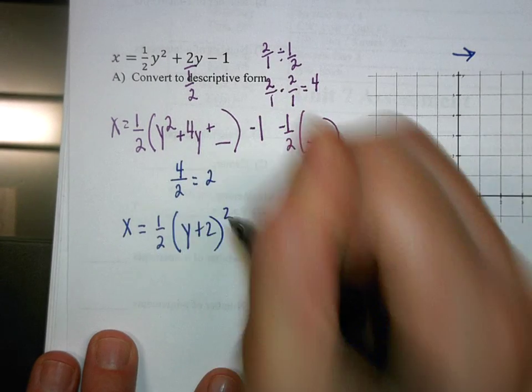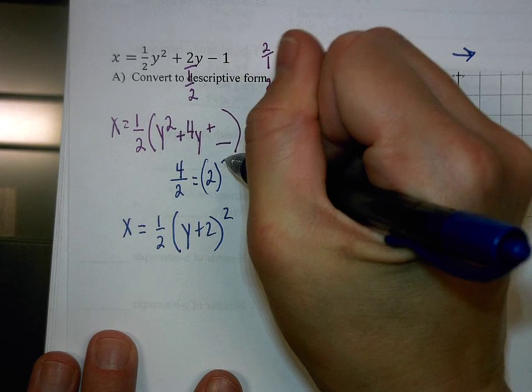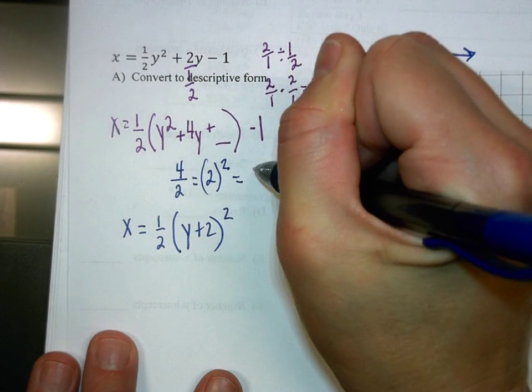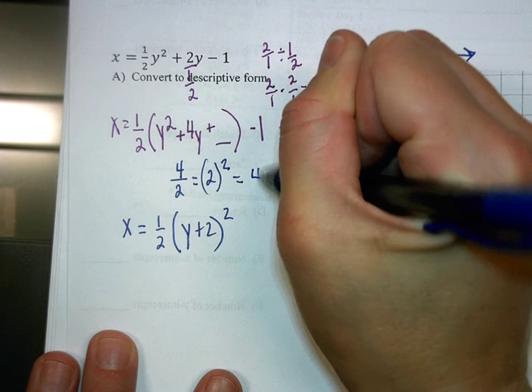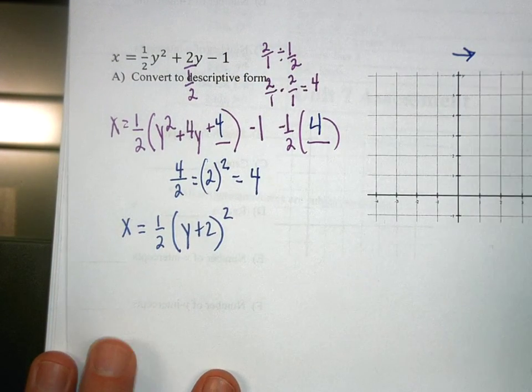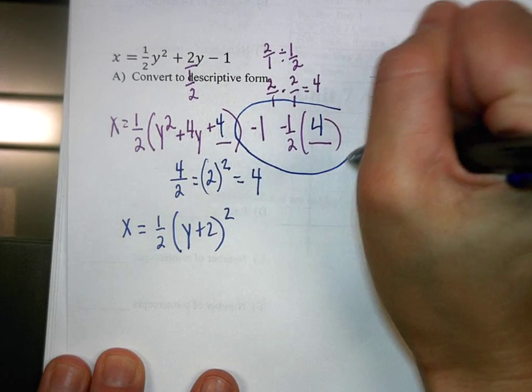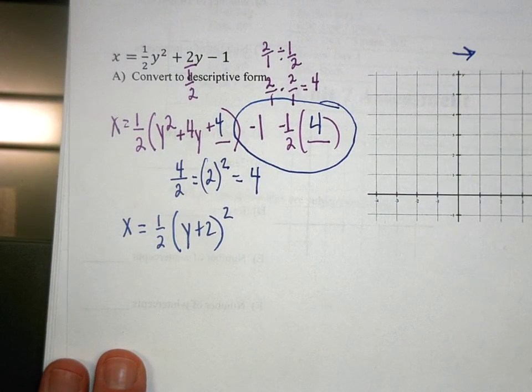Very good. Okay, now what do I do? Good. We're going to square that 2, and it becomes 4. 4 goes into each of my blanks. Now we're going to simplify. So we have to take this information and combine it into one number.